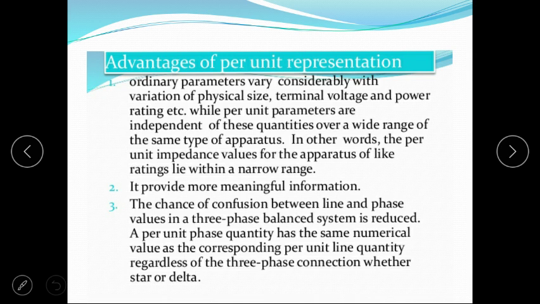Means calculation of a three-phase system can be done on a single-phase basis when the system is converted into per unit system. Second is, per unit quantities have small magnitude, so their calculation is easy.